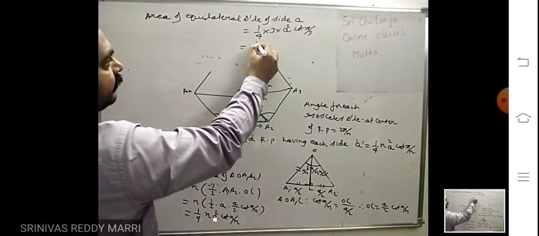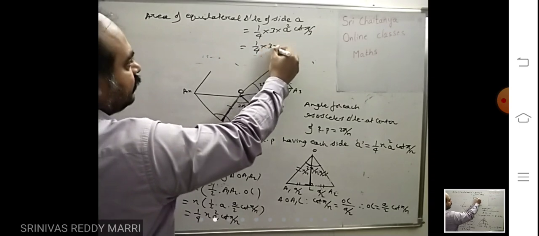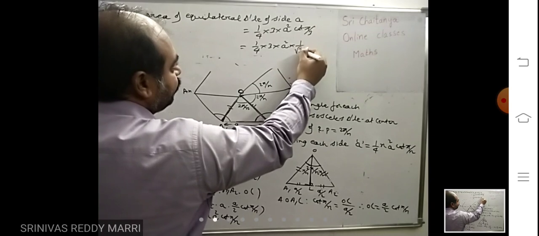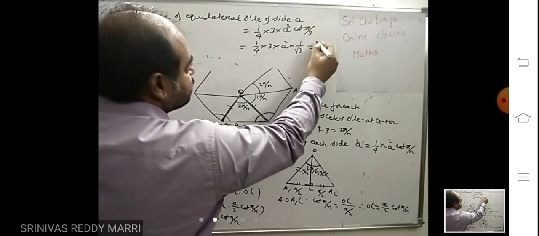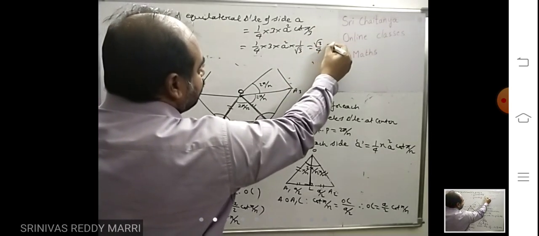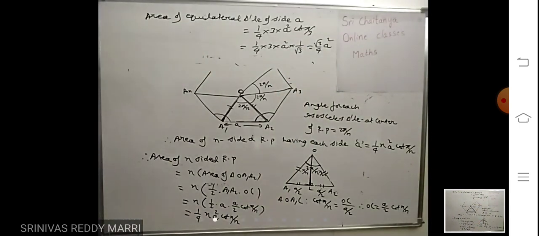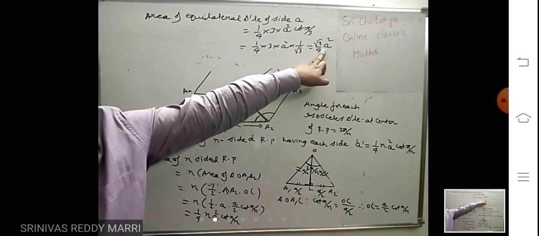Cot 60 is what? 1 by root 3. That means root 3 by 4 A square. What is the area of an equilateral triangle of side A? Root 3 by 4 A square. Like that.